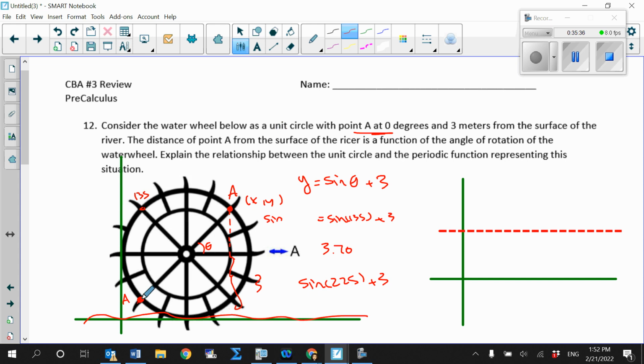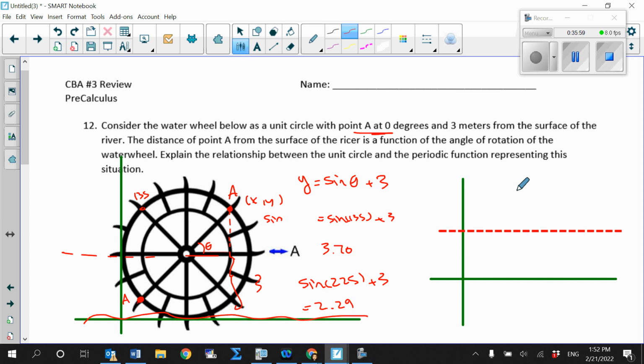Of course, this is not very accurate, but 2.29 makes sense because it's below the sinusoidal axis. It's somewhere below that, so it's going to be less than 3. That's how you can find the height of the point at each time.